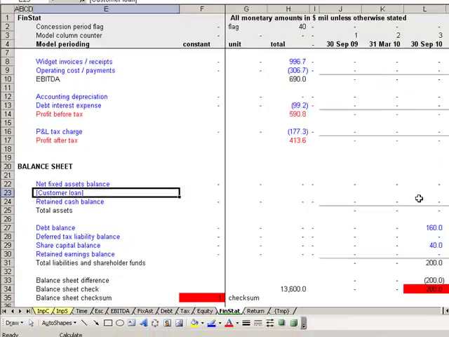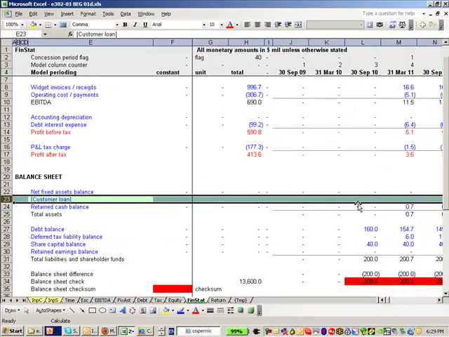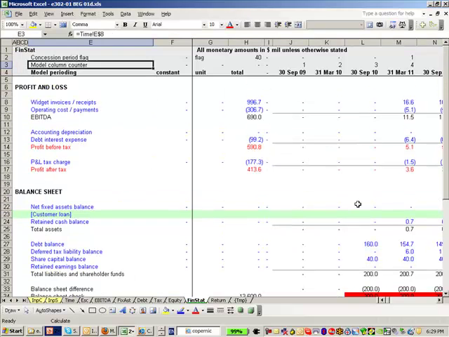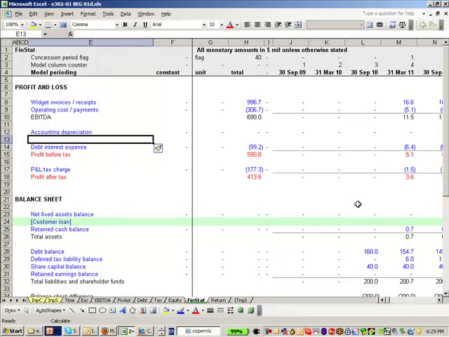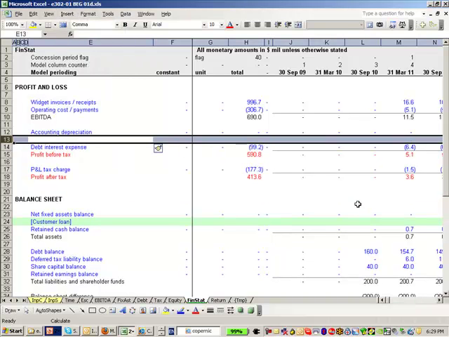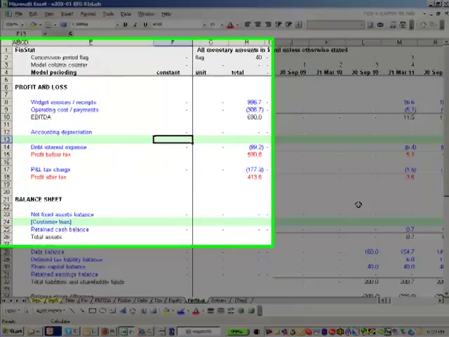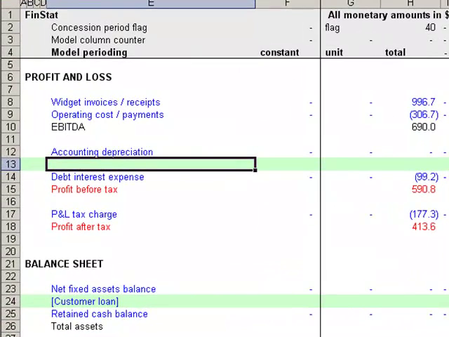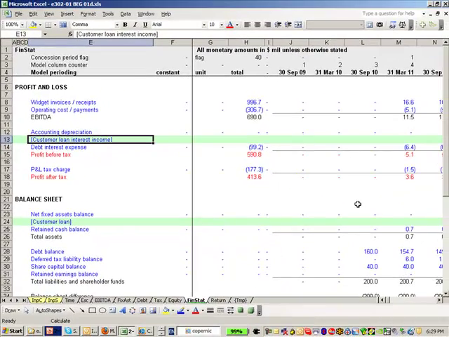I'm going to mark lines of interest here in a light green, just to give a little bit of focus for you guys. Okay, up top you've got a customer loan. You're going to get interest income from that customer loan. I'll just say interest income. Of course, the accountants will want to see any financial income below EBITDA.